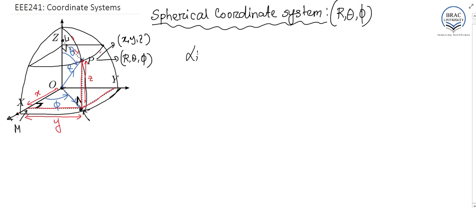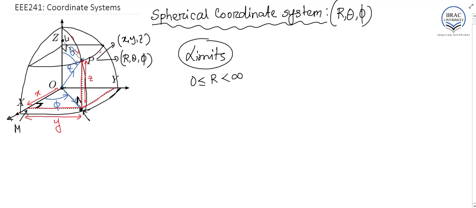Now we'll talk a little bit about the limits of the variables. All right, let's start with the spherical coordinate system. The radius of the sphere can be as small as 0, which will mean it's concentrated into the origin, and it can increase up to infinity. So the limit of r will be like this.